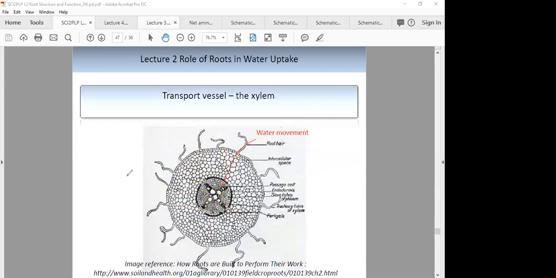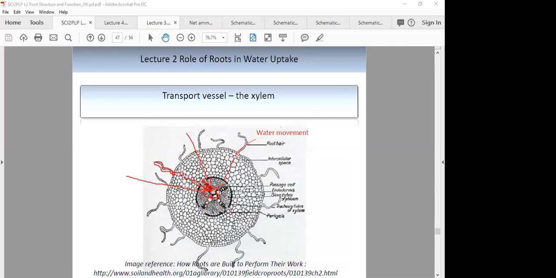The concentration of nutrients is highest here in the xylem, a little bit less here, a little bit less there, and so on as you move out towards the outside of the root. So here's that concentration gradient, which is established by movement of nutrients into the root.